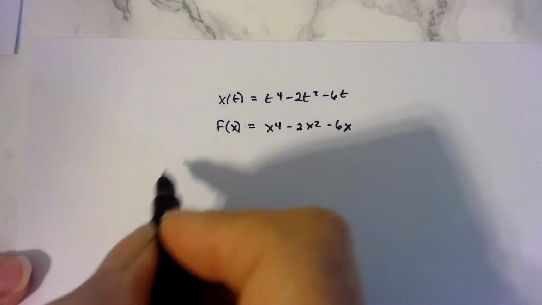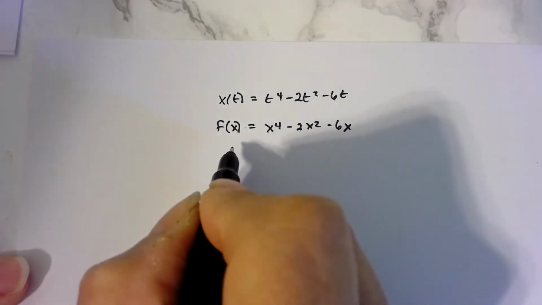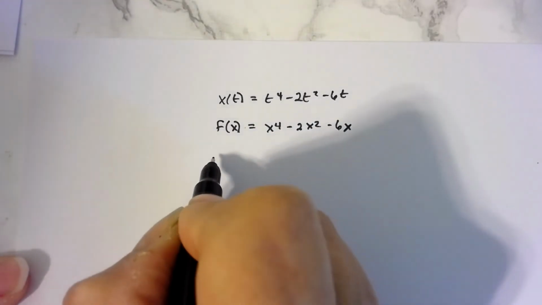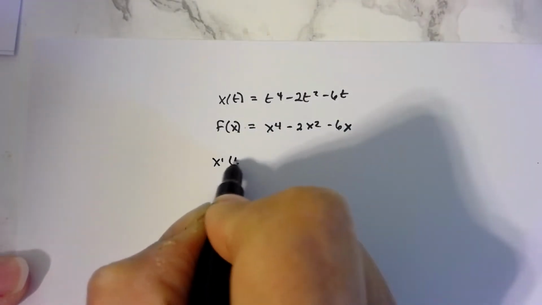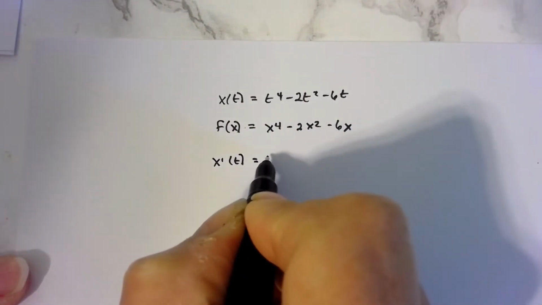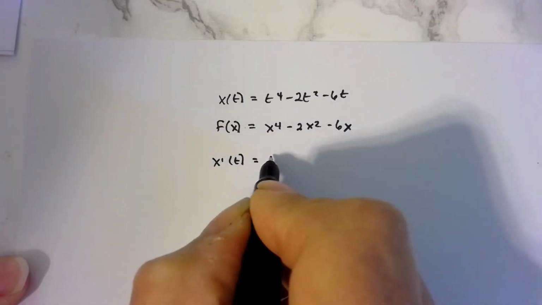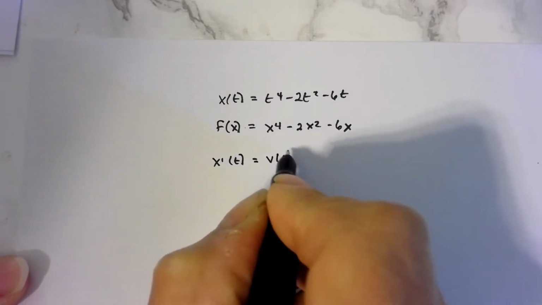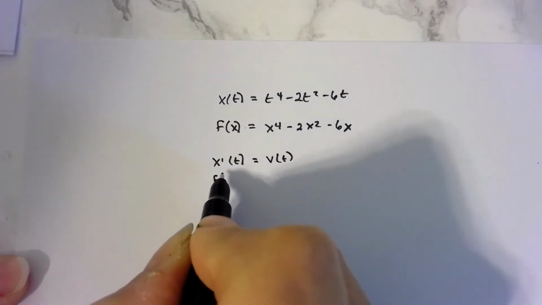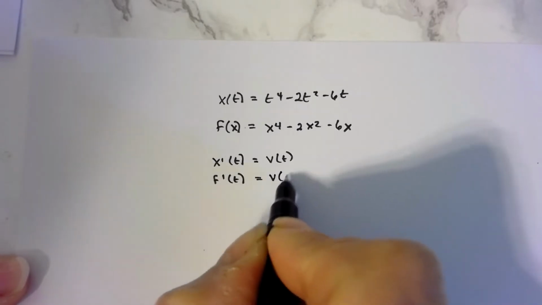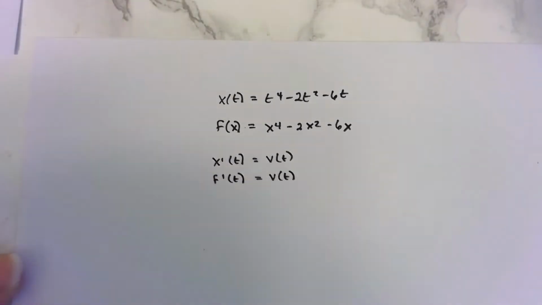Okay, so if I want to find velocity, I know that the derivative of position, which I'm now defining as f, is equal to velocity. So since f is now my velocity function, because I said it was, the derivative of that is also going to give me velocity. Okay, so no difference here.